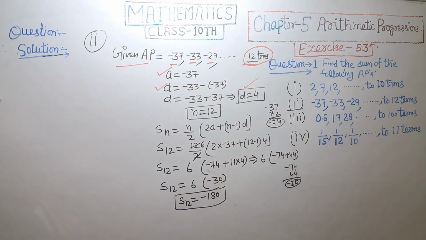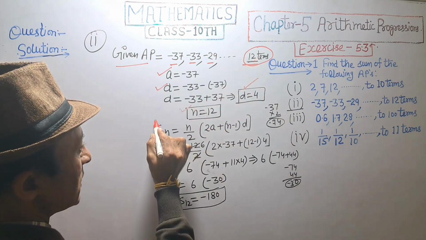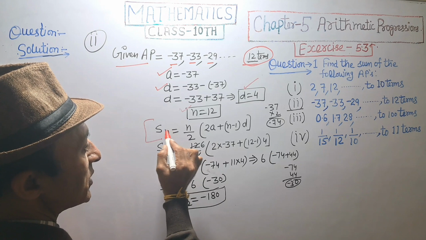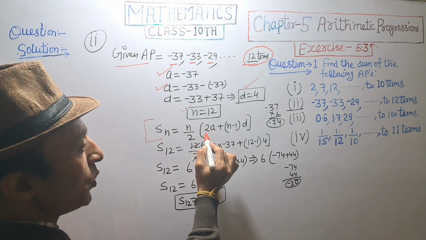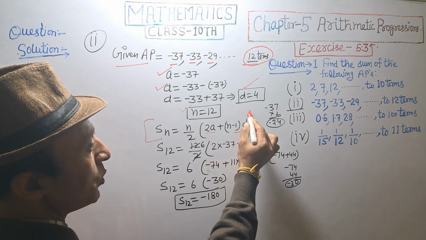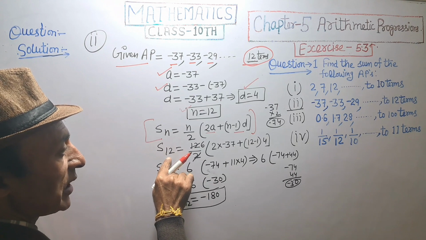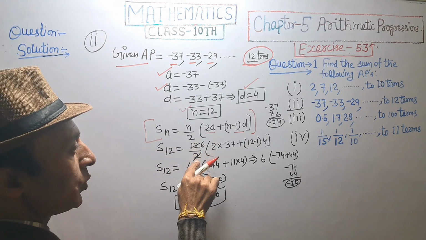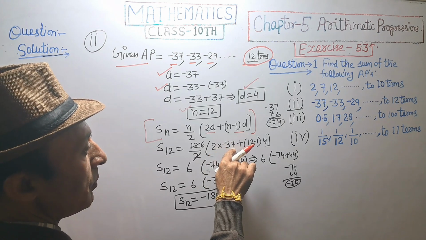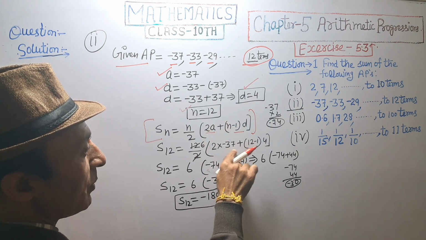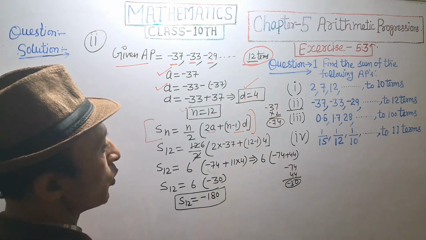So common difference is equal to 4. N is 12, and using the formula Sn, sum of n terms is equal to n divided by 2, 2a plus n minus 1 into D. N is 12, so S12 is equal to 12 divided by 2 into 2a, A is minus 37, plus 12 minus 1 into D, D is 4.